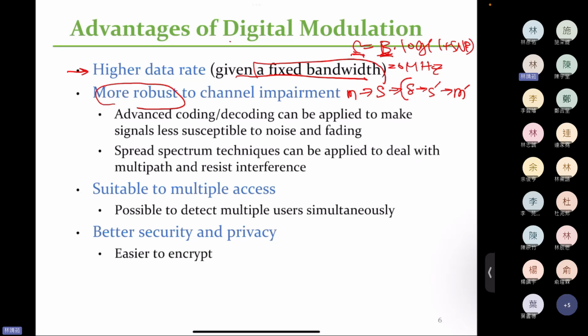Assuming that this delta is a constant, the modulation algorithm is more robust if the probability that M prime equals M is higher. Because you have a higher chance to decode the bit pattern you are transmitting, which means that the success ratio is higher. So if this probability is higher, then we say this modulation is much more reliable.